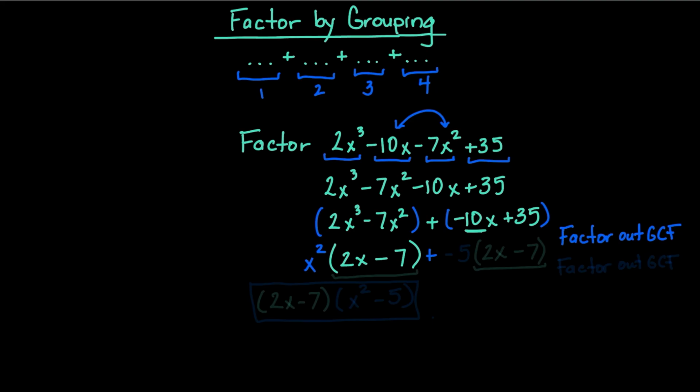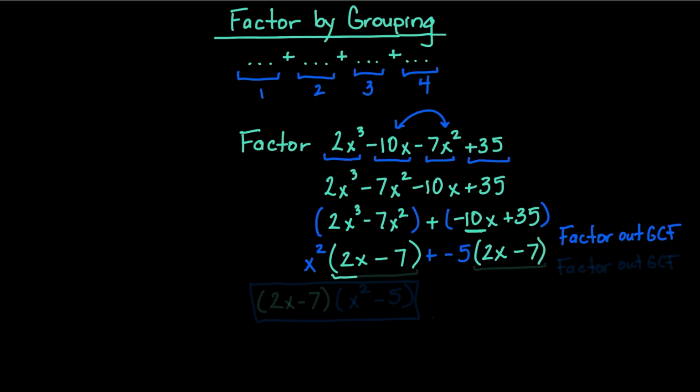So I know I need to factor out negative 5 so that once I factor that GCF out, the signs match. Negative 10 divided by negative 5 is positive 2, so that's 2x. And 35 divided by negative 5 is negative 7.